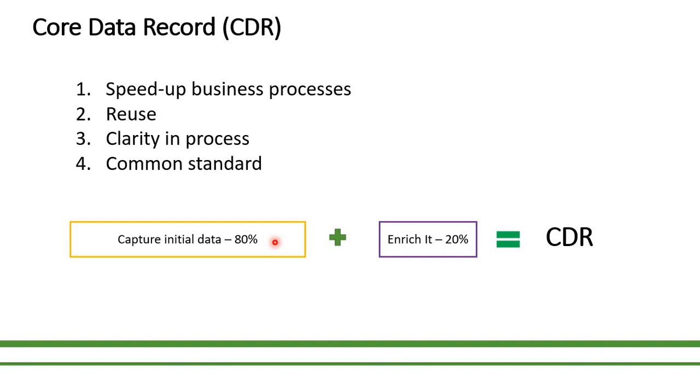The effort is to capture 80% of the healthy data upfront to enable the automation in those four areas which we just discussed. The Data Council is working on the remaining 20% of data, which is complex in nature, to understand how to handle it. But 80% of the data upfront with the help of MRC version 3 will certainly help to initiate the automation for all those four areas.